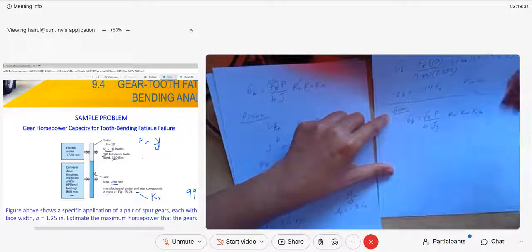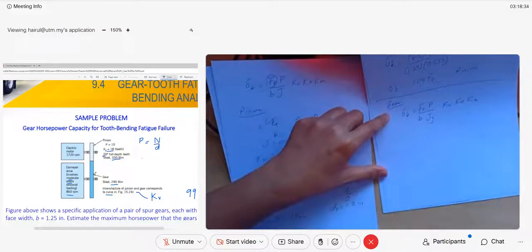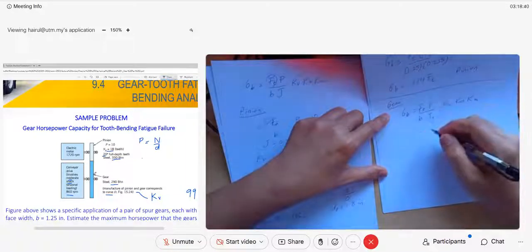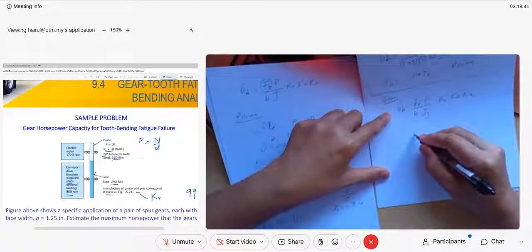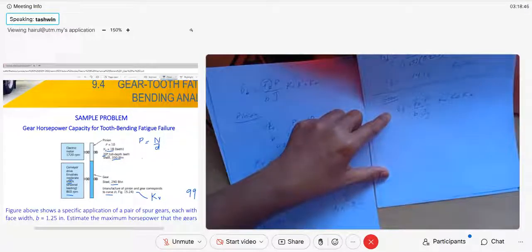Class, basic question. The 18 is the pinion. The gear is bigger. The speed of the pinion is 1720 RPM, the speed of the gear is 860 RPM. So the gear must be bigger, its number of teeth is much greater. So what is the gear's number of teeth?